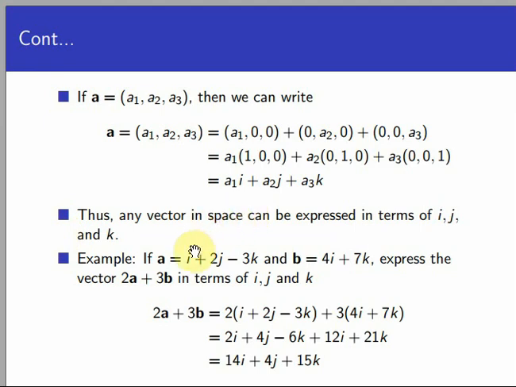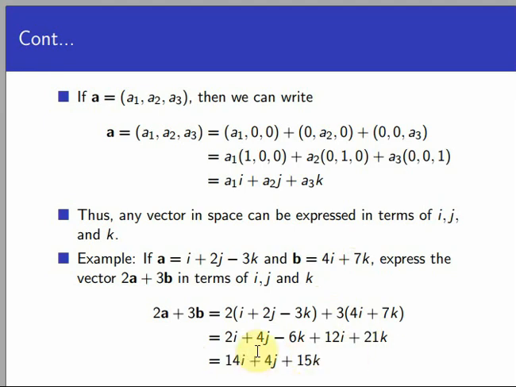So 2 times a. First, 2 times a is equal to 2 times i plus 2 times 2 which is 4j minus 2 times 3 which is 6k. Plus 3b, which is 3 times b, which is 3 times 4 which is 12i, and 3 times 7 which is equal to 21.